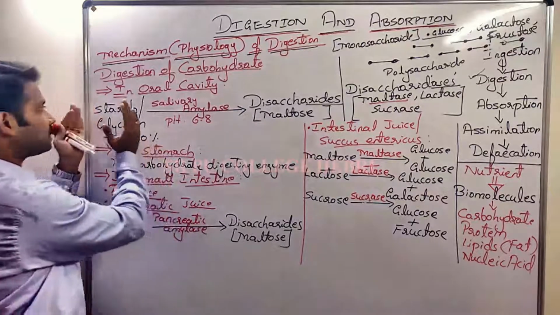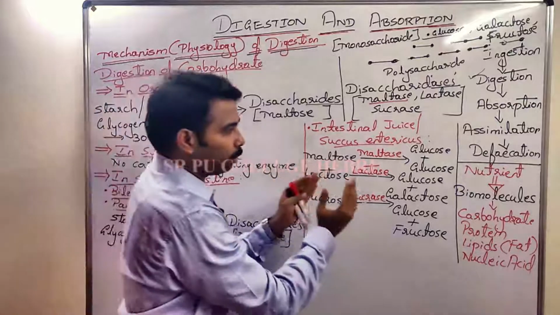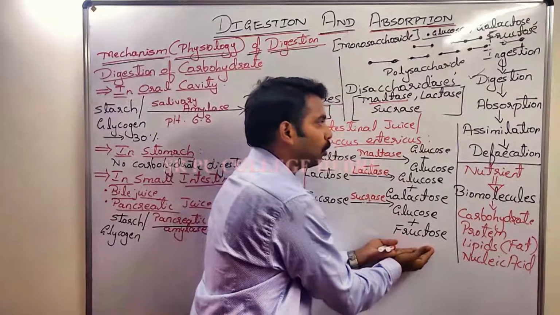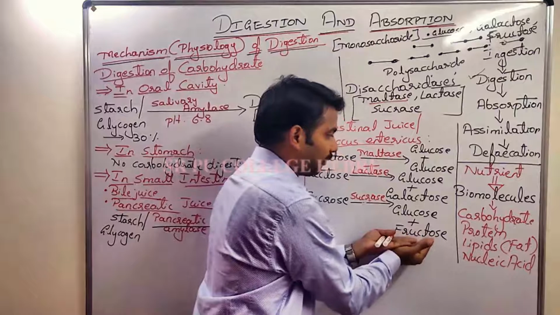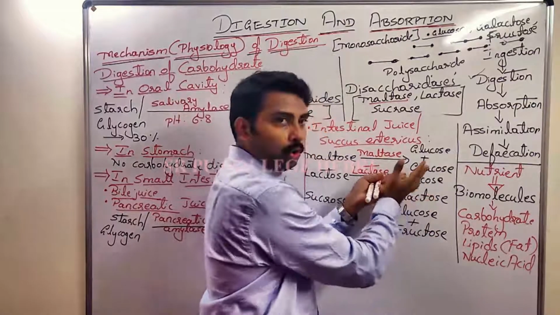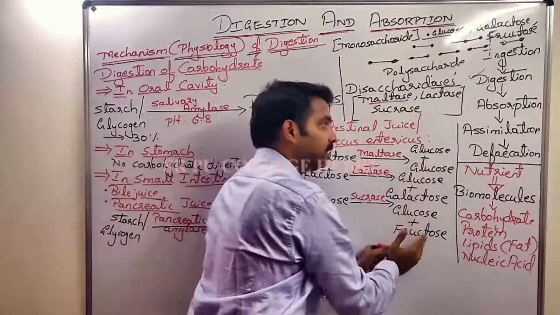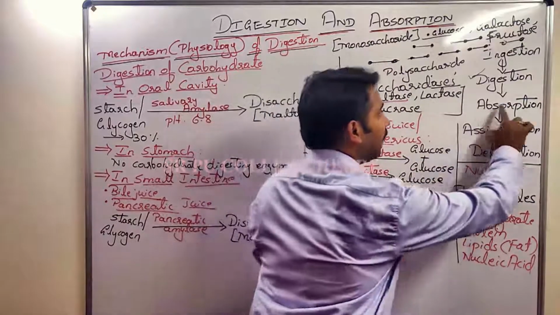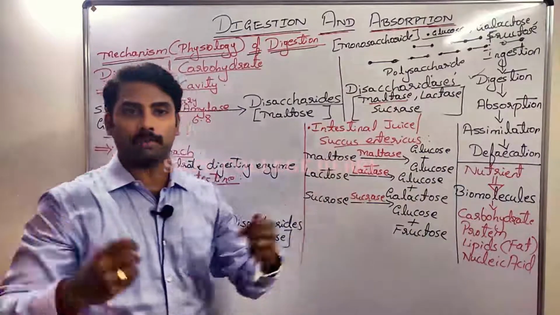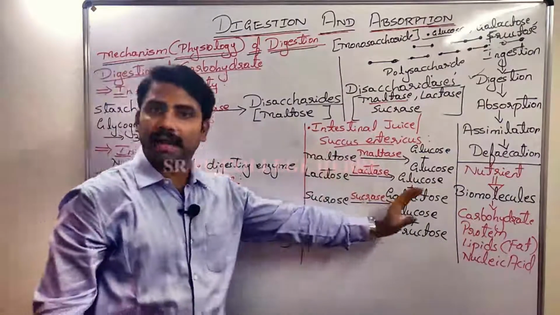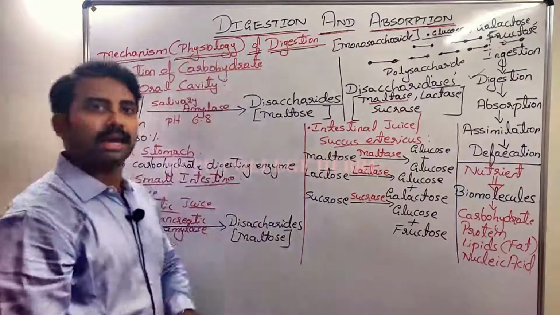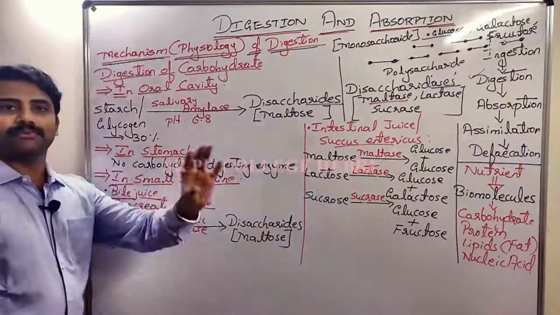The complex starch should be converted to a very simple form called monosaccharides like fructose, galactose, glucose. As they are monosaccharides, very simple sugars, they can be what? Absorbed. So this is how carbohydrate digestion occurs in my alimentary canal. Mark it as a 5-mark question.